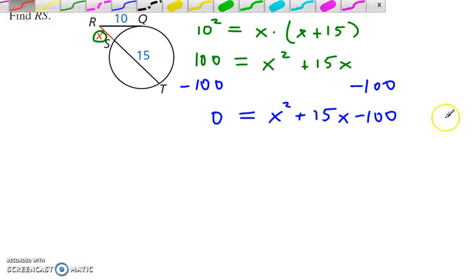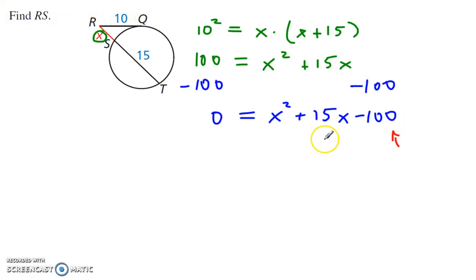So we're looking at what multiplies to negative 100 and adds to 15. 100 is 10 squared, but 10 plus 10 does not give me 15, so try 20 and 5. It has to be negative, so 20 and negative 5 will give me negative 100, and 20 minus 5 will give me 15. So there are my factors.